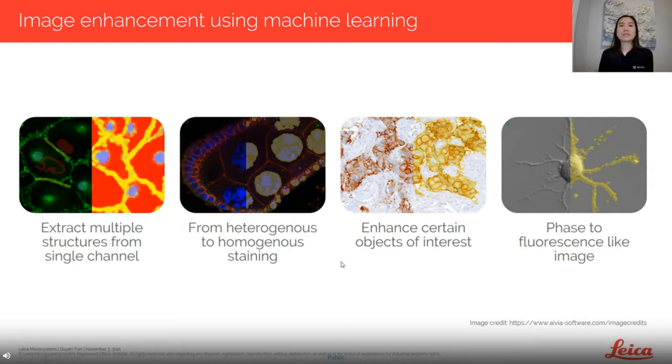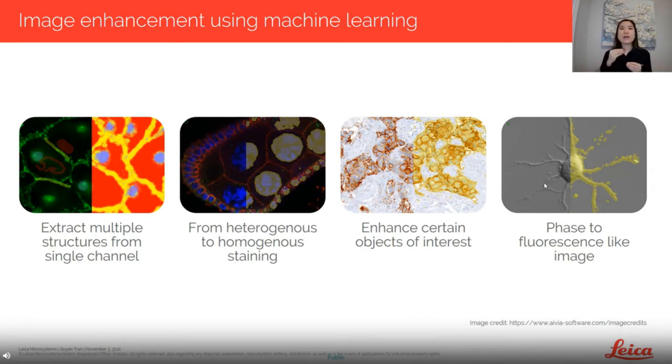And then the example we saw with the training is that we have the ability to enhance certain objects of interest from the image that you have created. We can also go from a phase to a more fluorescent-like image. As some of you may have tried to do this in your phase contrast image, intensity-based algorithms are really difficult here because there's not as much contrast between the cell and the background in terms of intensity.